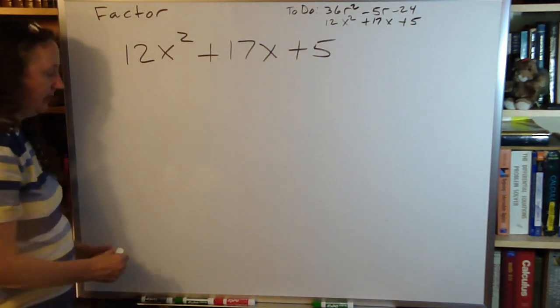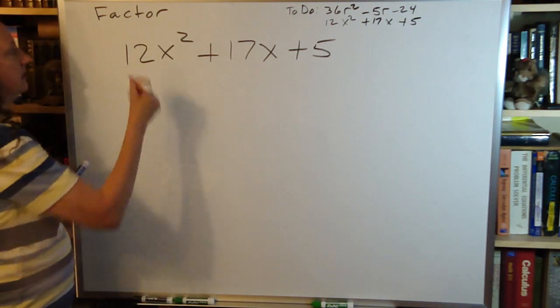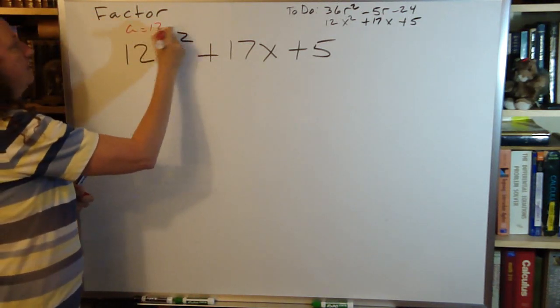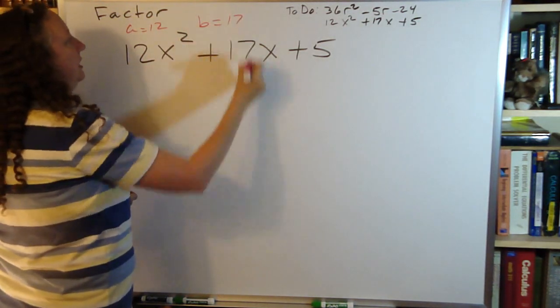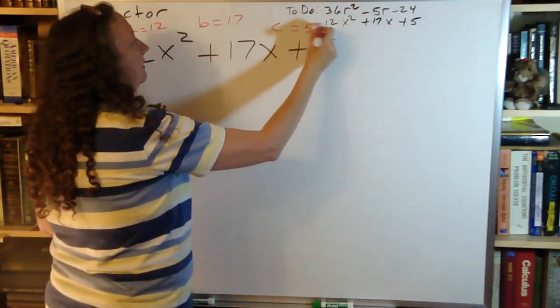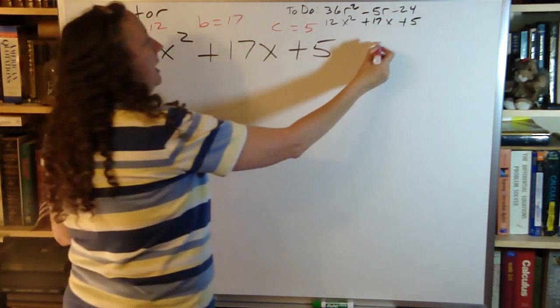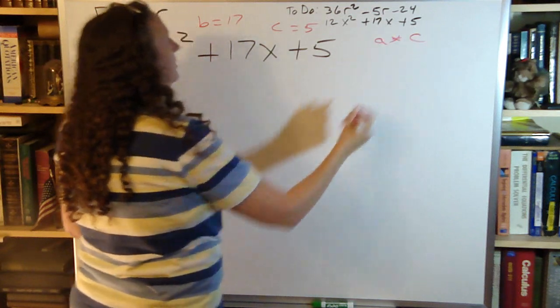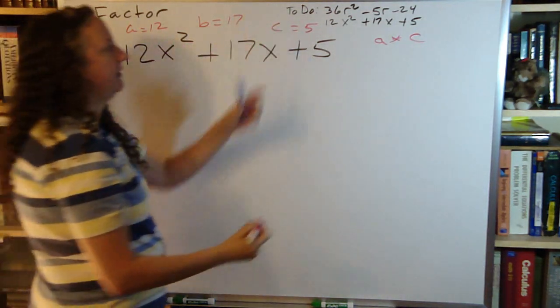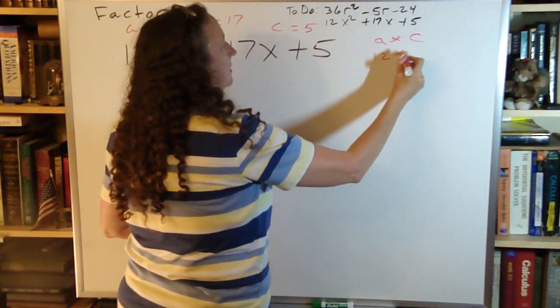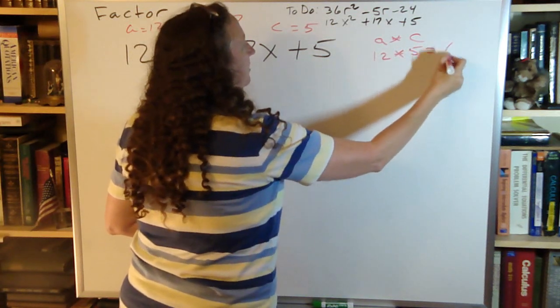So I identify my A, B, and C. A is 12. B is 17, C is 5. I take my A times my C, so that's 12 times 5, and that gives me 60.